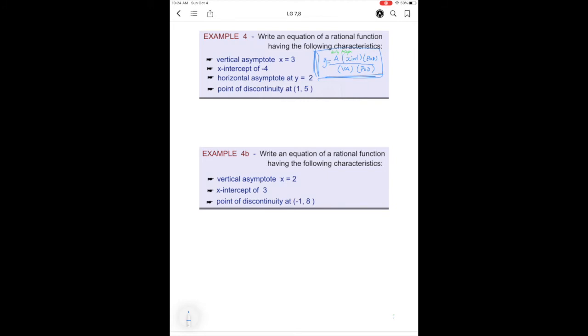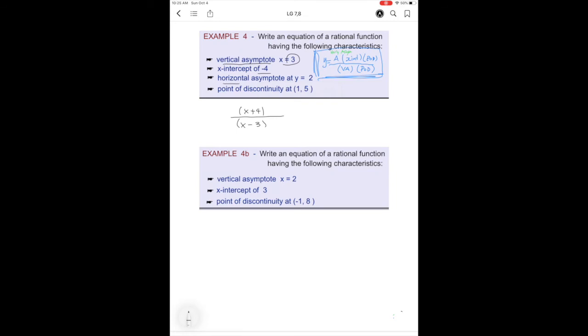Okay, so let's look at the information given and let's get an equation. The first thing I'm looking for is a vertical asymptote of 3. So I know that's going to go in the bottom and it's opposite, because remember it comes out of the bracket. I have an x-intercept of negative 4, so that's x plus 4. Again, remember it's the opposite.